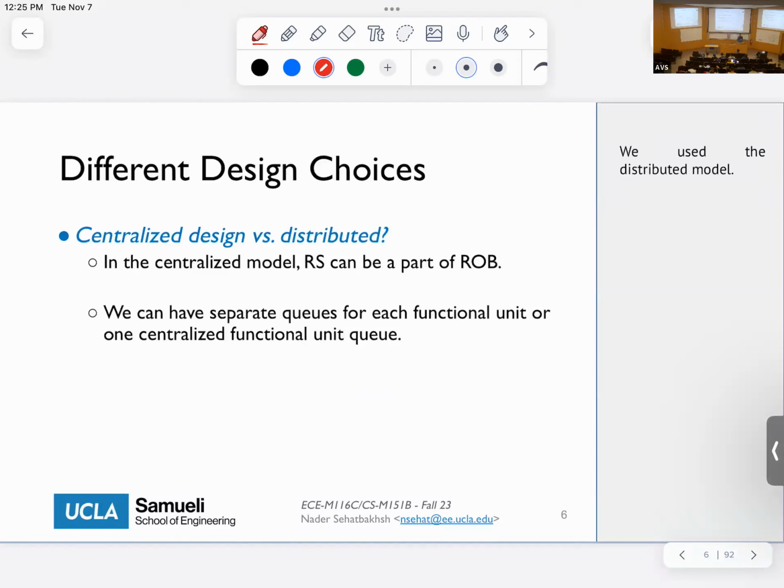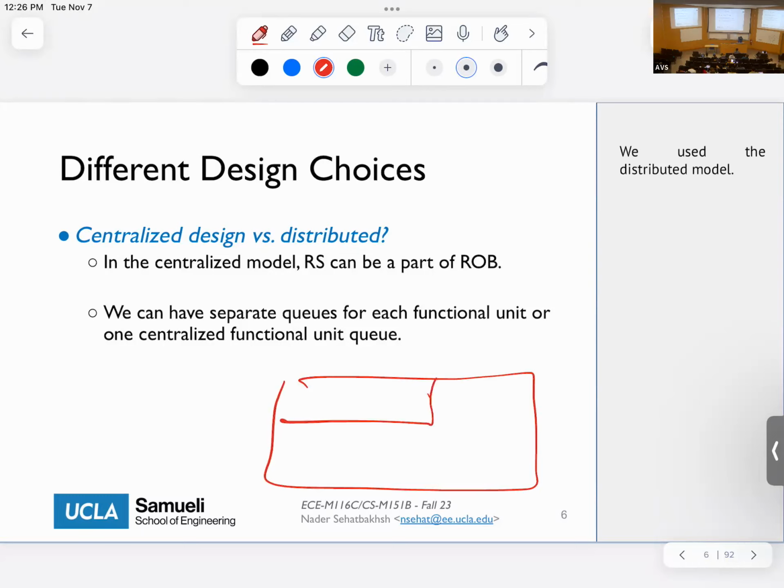So the few design choices. The first one is you might wonder whether we need a separate reservation station and separate ROB, or can we actually combine these two into one, what we call a centralized design? In fact, in many of the modern processors, some of the Intel and AMD versions, there is this idea of centralized. So you can have a centralized RS and ROB, which is essentially just one giant ROB.